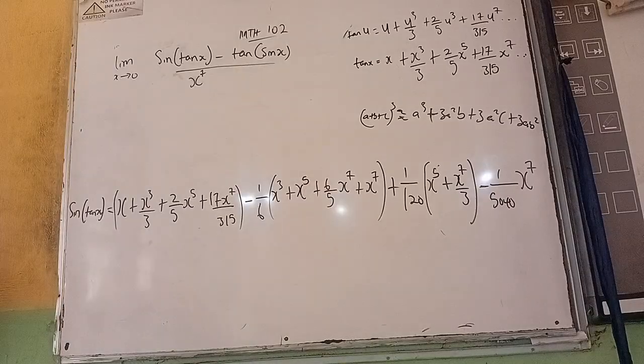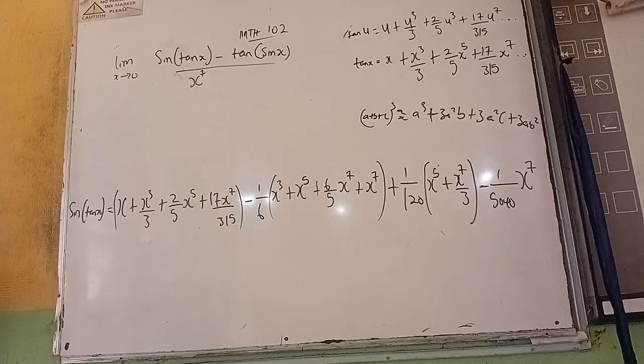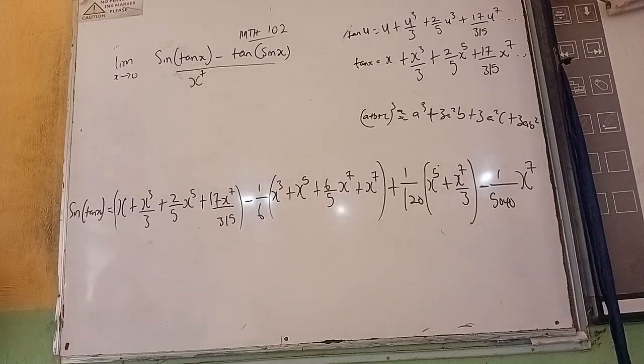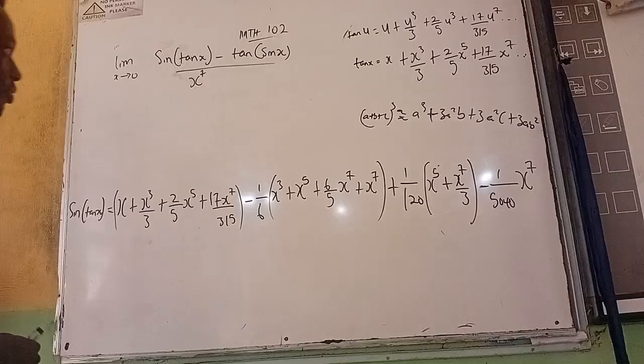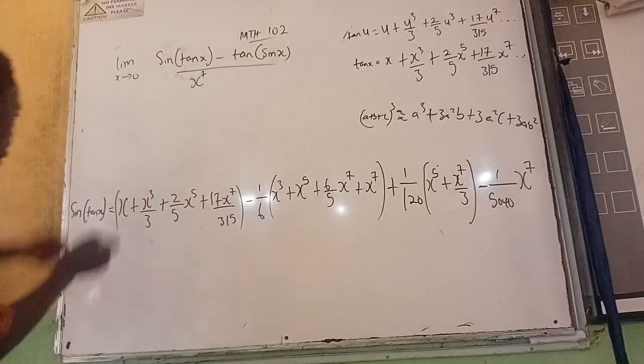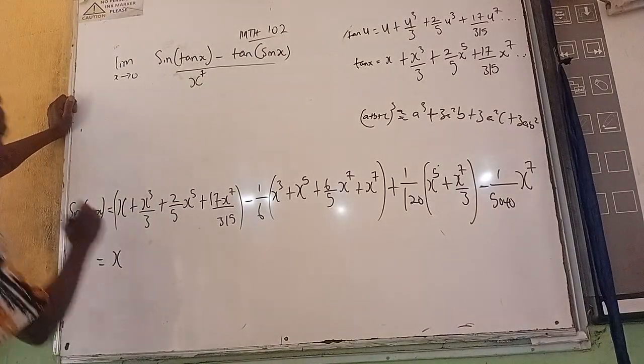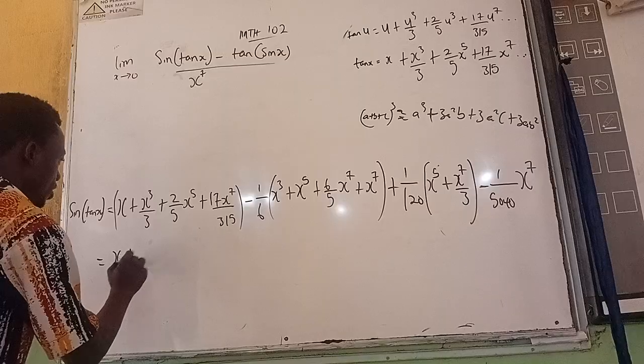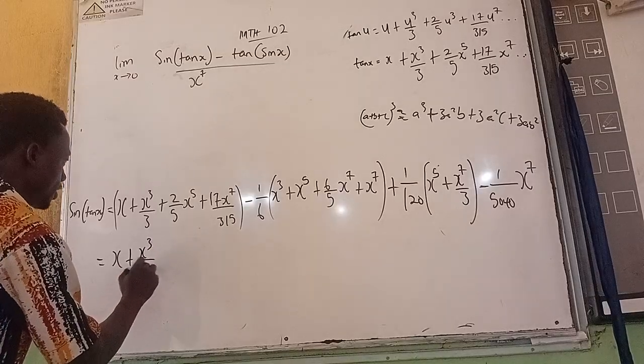So let's see if something is cancelling out. Let's gather all the terms first before we deal with tan(sin x). So here we have x, what else? x plus x cubed over 3.